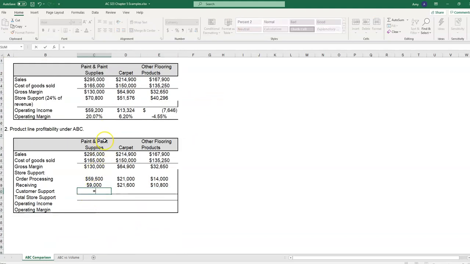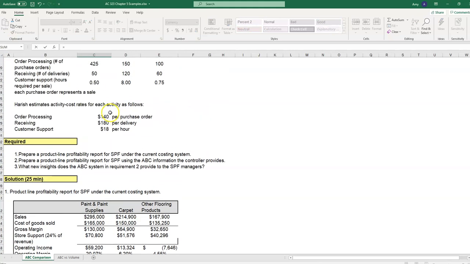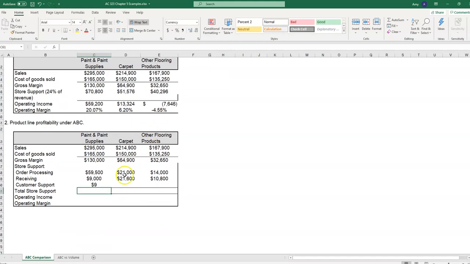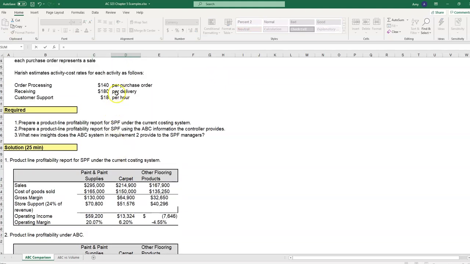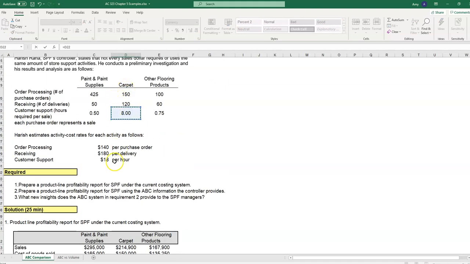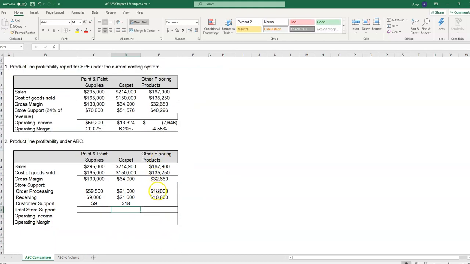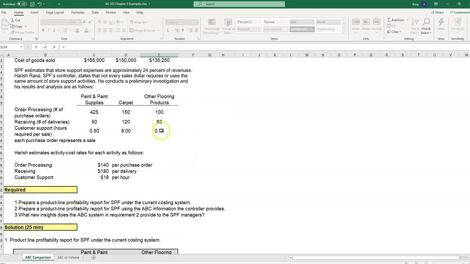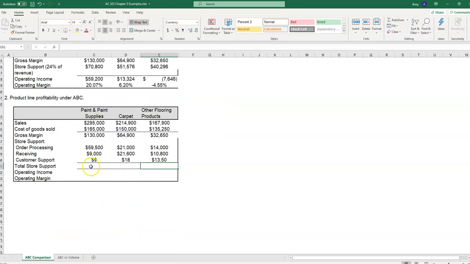And then the last thing we allocate is the customer service costs. So we have $18 per hour times half an hour for paint and supplies, times 8 hours for carpet, and times 3/4 of an hour for customer support.